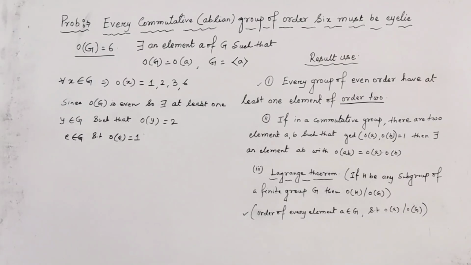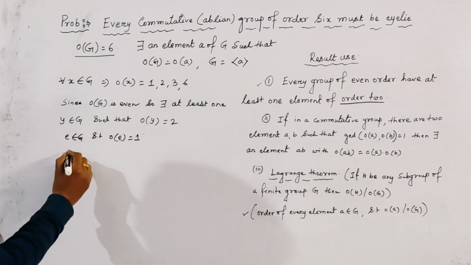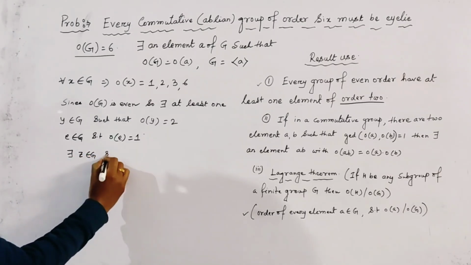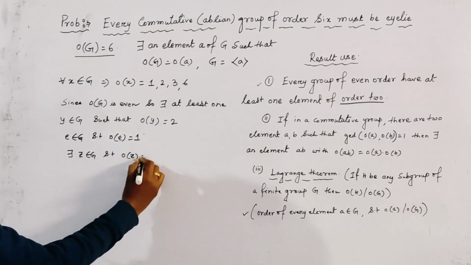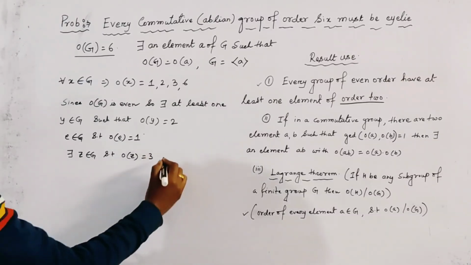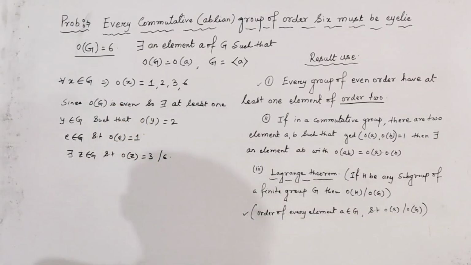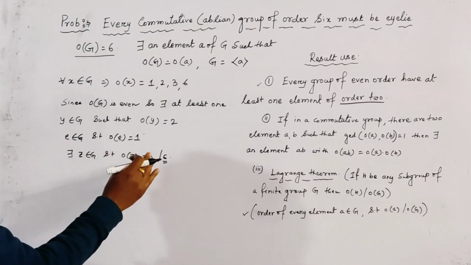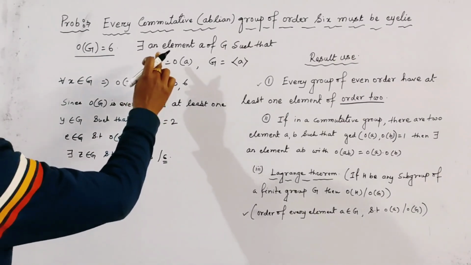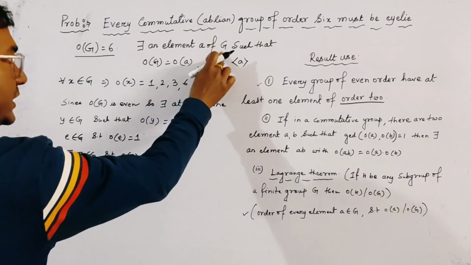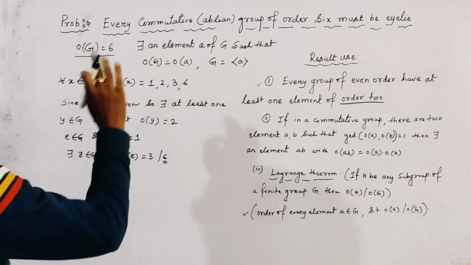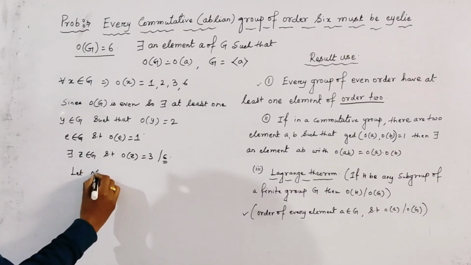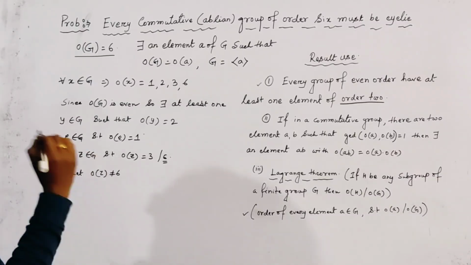Now there exists an element Z belonging to G such that the order of Z is equal to 3 or 6. If the order of Z is equal to 6, then in this case there is an element A such that the order of G is equal to the order of A. So we let the order of Z not be equal to 6.